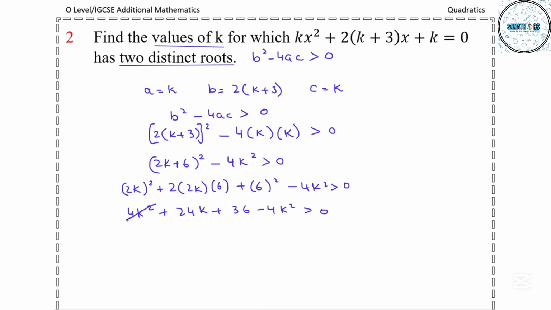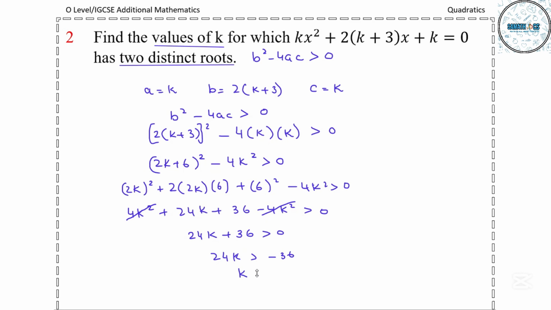So 4k squared and minus 4k squared cancel out. So we are left with 24k plus 36 is greater than 0. We will take 36 to the other side, so it will be minus 36.